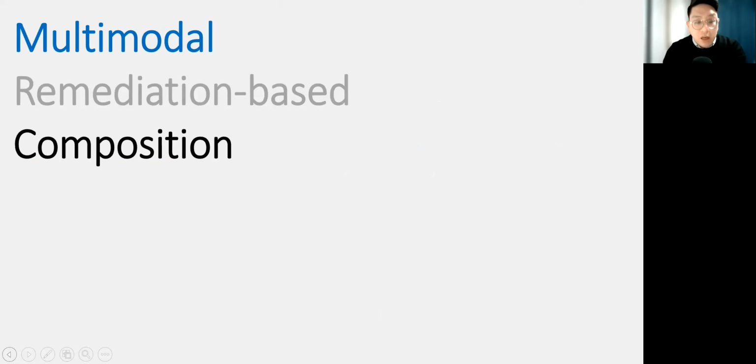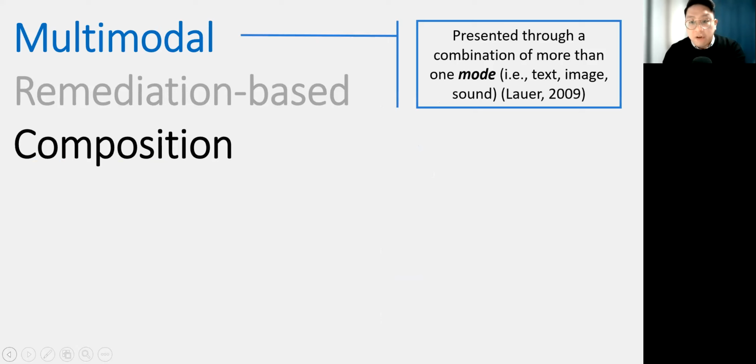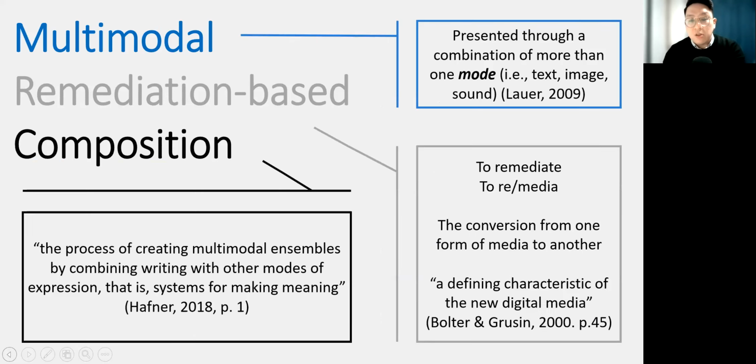This is what studies have called multimodal remediation-based composition. Multimodal because it combines more than one mode. Remediation because that's what the conversion aspect is about, converting it into a new media, a new format. And composition because we are asking them to compose texts.